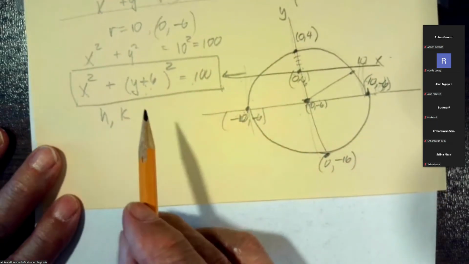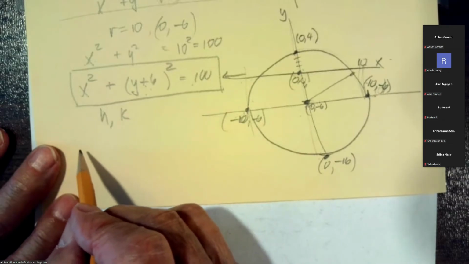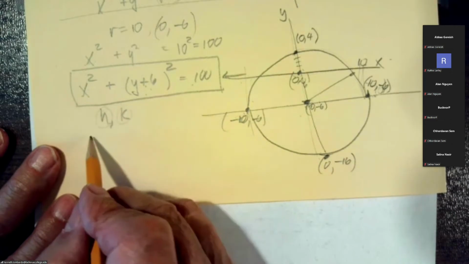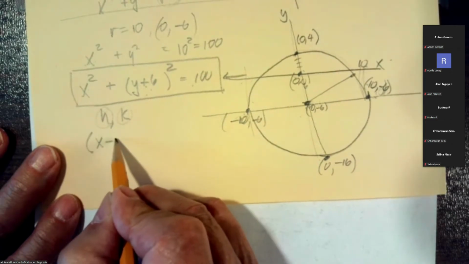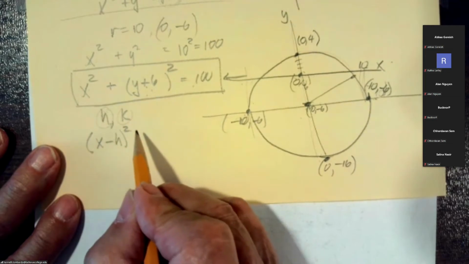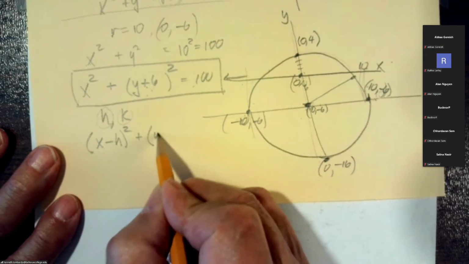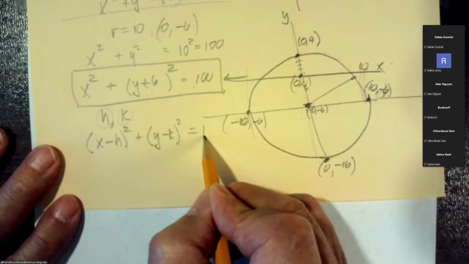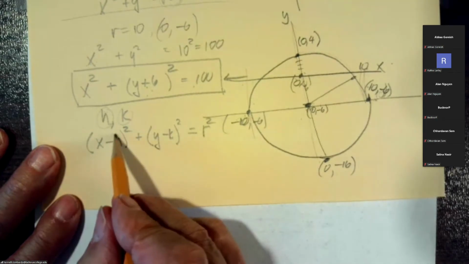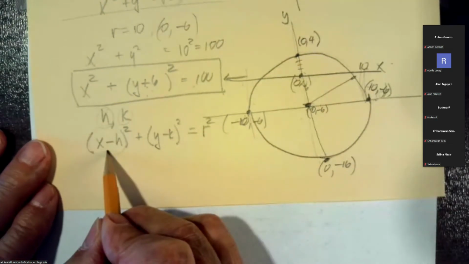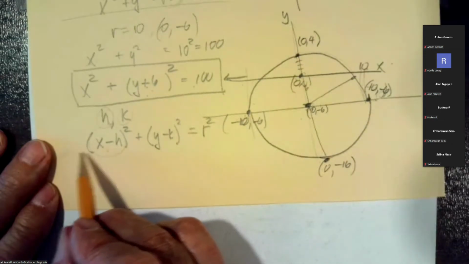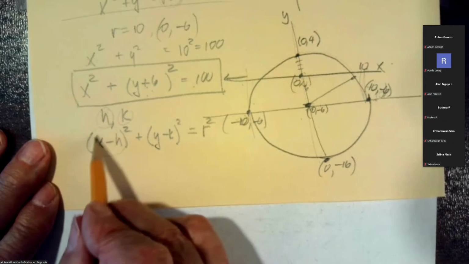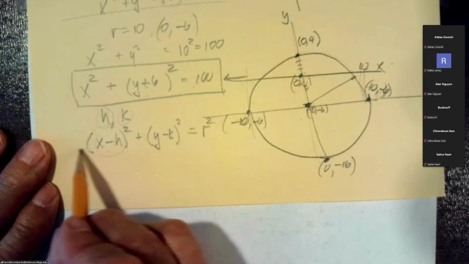So in general, the equation of a circle not at the origin would be shifted H and K. So we would say X minus H quantity squared plus Y minus K quantity squared equals the radius squared. Now remember, when you're doing equations and you say Y equals X minus H squared, do you remember which direction this H shifts the value?